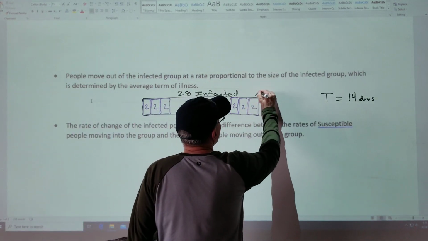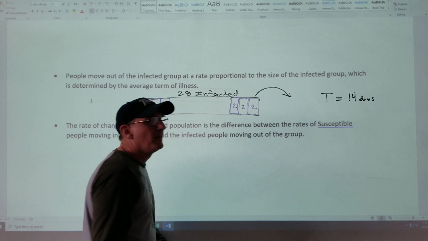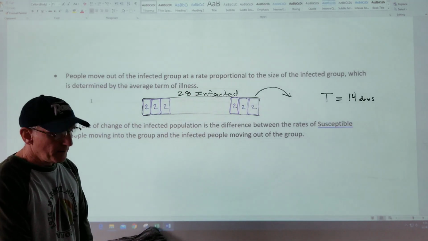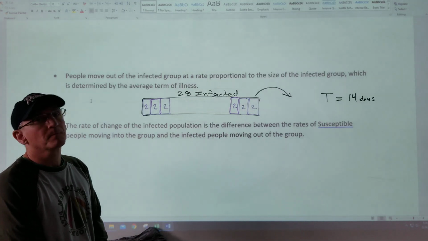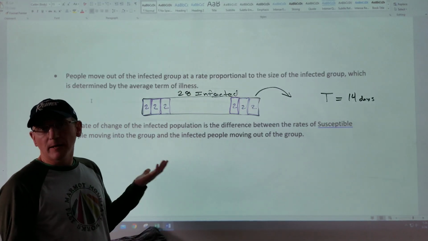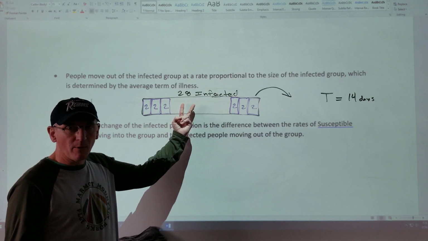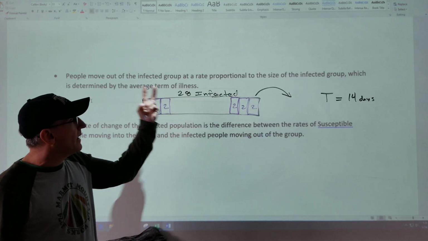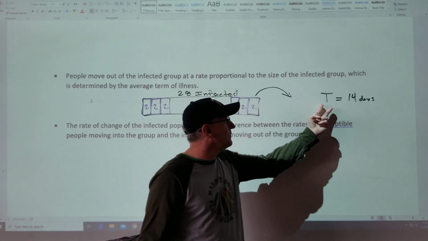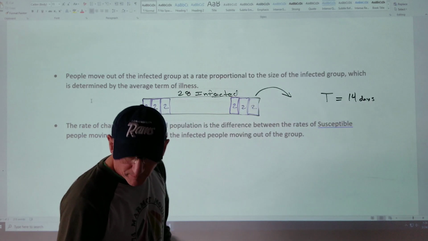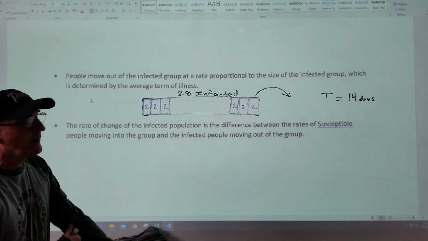They're ready to transfer out of here into the removed group. So that's 2 people per day. All right, so in general, how do you calculate that? You take the number of infected people right now, whatever it happens to be, and you divide it by the term of the illness. It'd be that 14 days, 20 days, whatever it is.